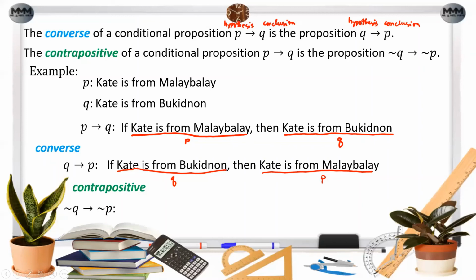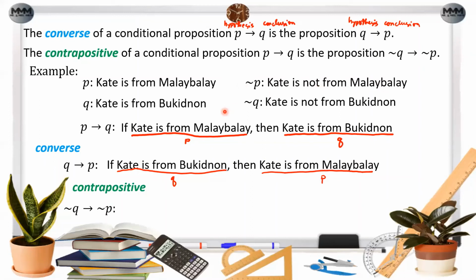So here, for the P proposition, the negation is Kate is not from Malaybalay. Then for Q, the negation is not Q. It means Kate is not from Bukidnon.